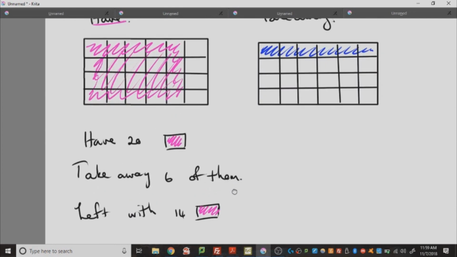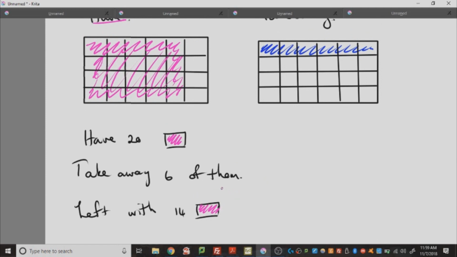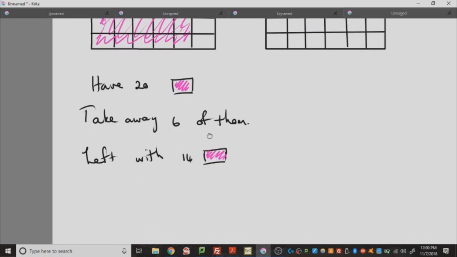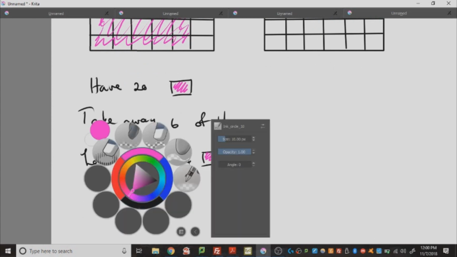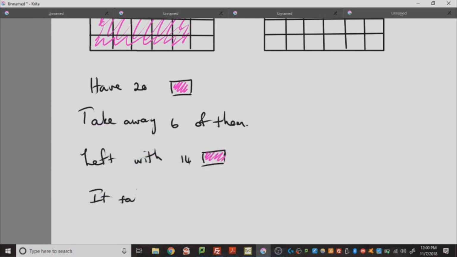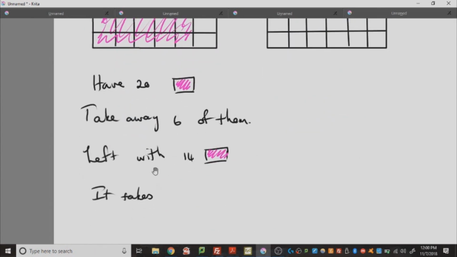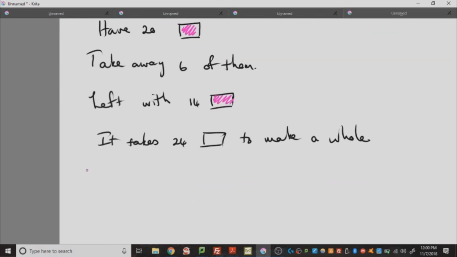You can actually take them away on the rectangle you have, but it's not necessary. You can say, well, if I have 14 left, whoops, not pink, and it takes 24 pieces to make a whole, that means we have left 14 24ths of a whole.